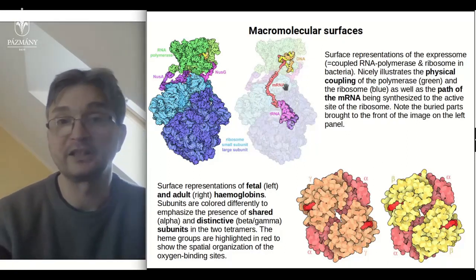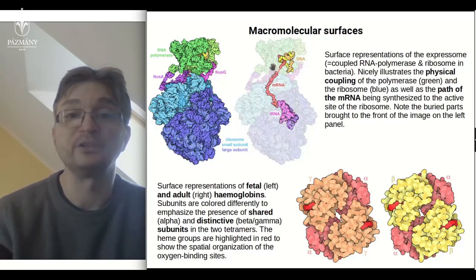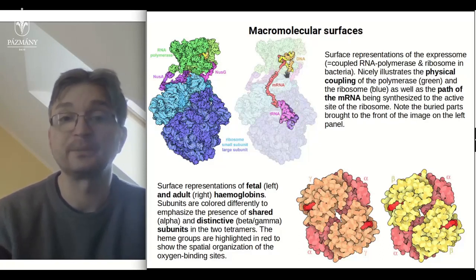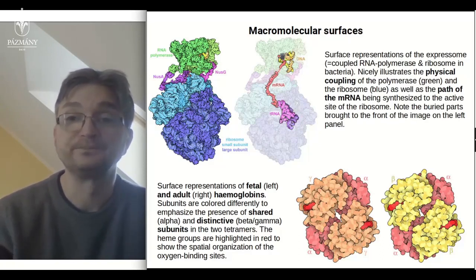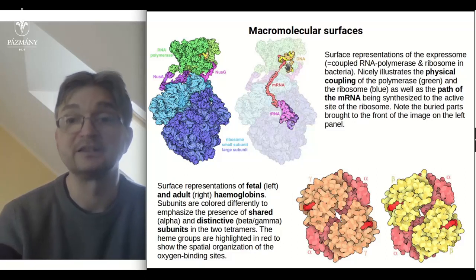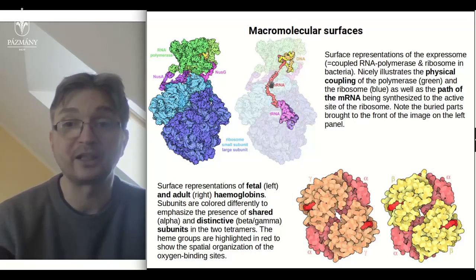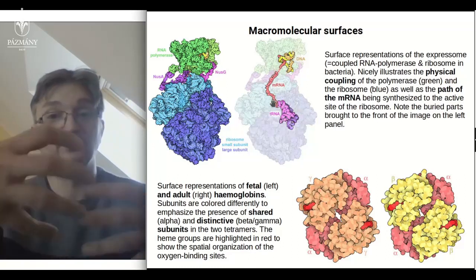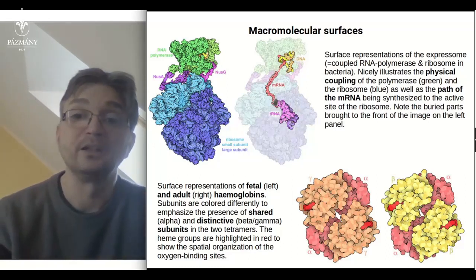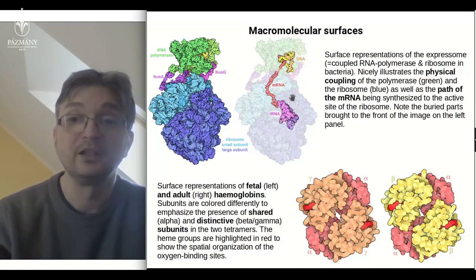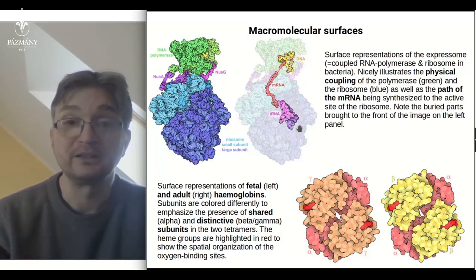And in this other representation, the surface is made transparent in order to look inside the structure where other molecules are again depicted with the surface representation. This is the RNA polymerase that binds to DNA and synthesizes the messenger RNA, and here you can see the path of the messenger RNA within this large macromolecular complex to the active site, the peptide transfer center of the ribosome, where here are the tRNA molecules.